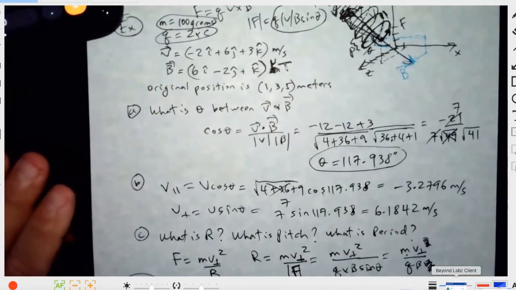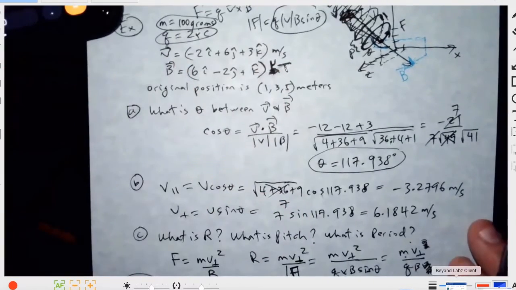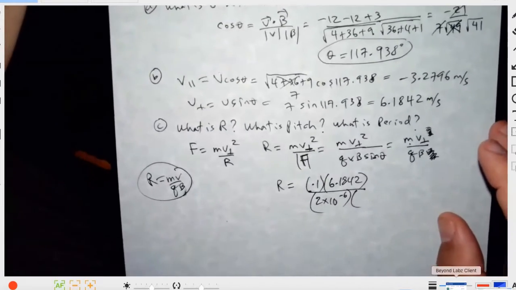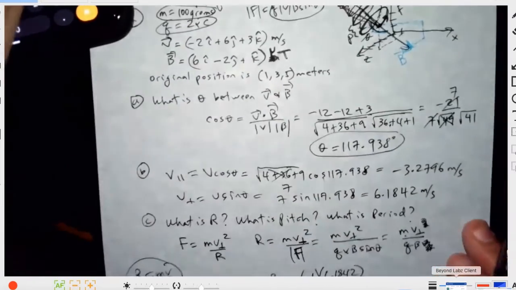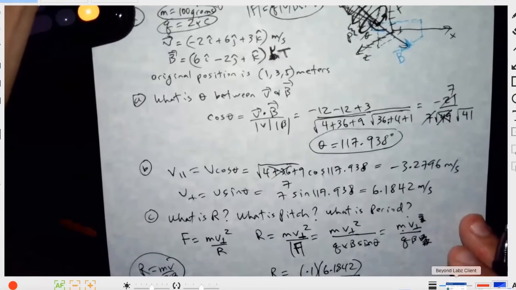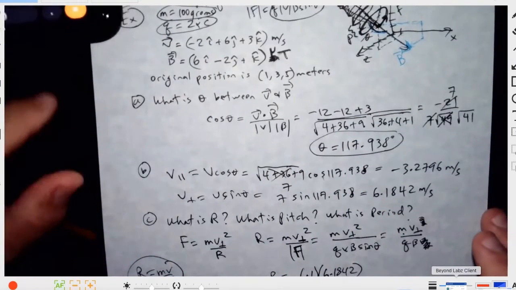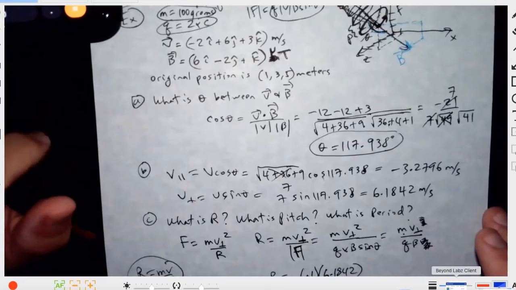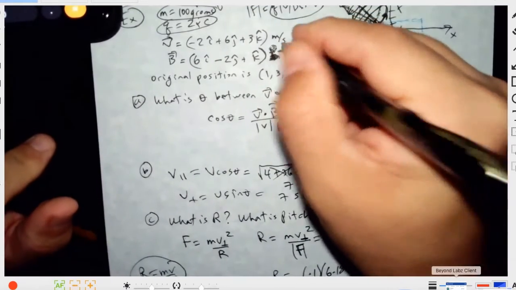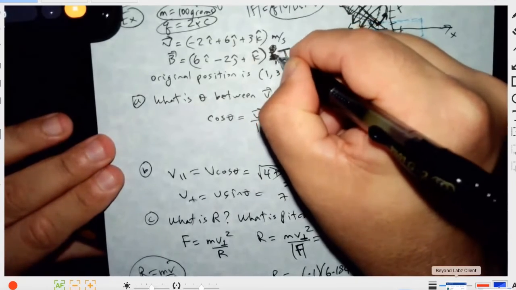Otherwise the radius is going to be so huge. So we'll make it a microtesla. Oh no, that's even worse. What am I saying? No matter what I do, the radius is going to be huge. Okay, let's go back to millitesla.